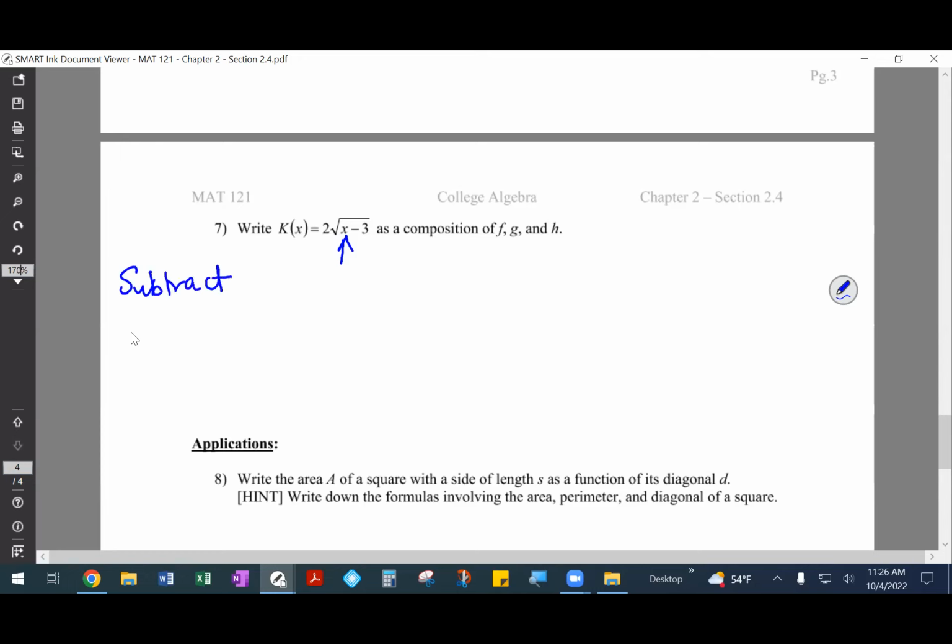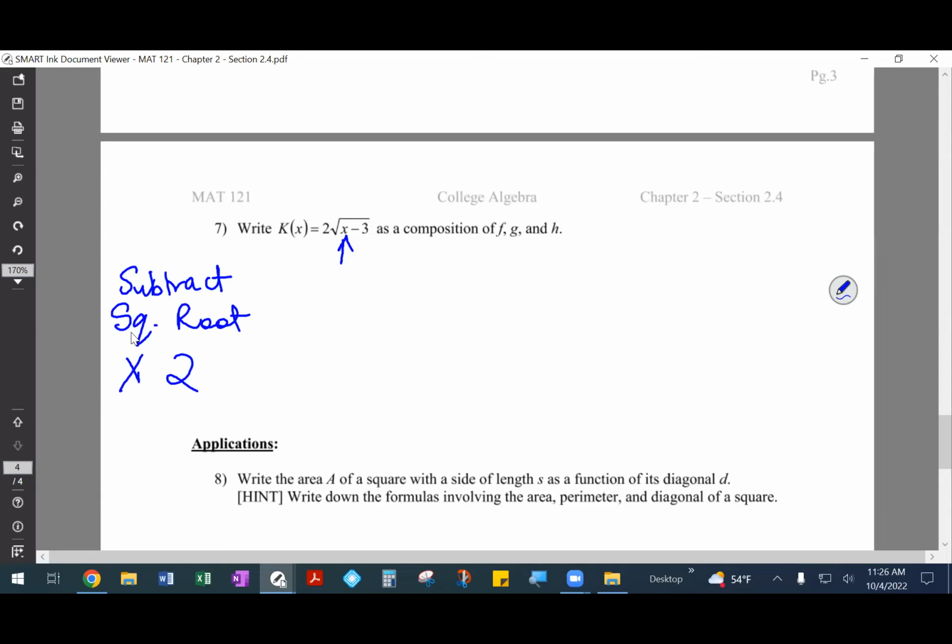Okay, and then once we're done with the subtraction, what would be our next step? Square root. And then multiply by 2. Very nice. So those will actually define what our three individual functions need to be.